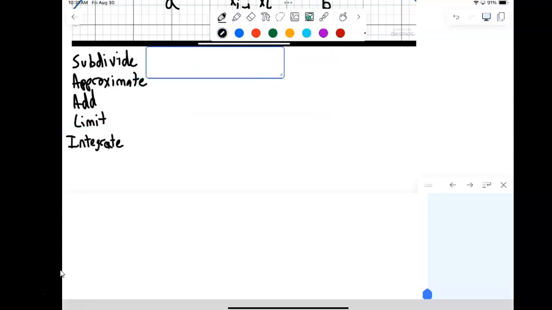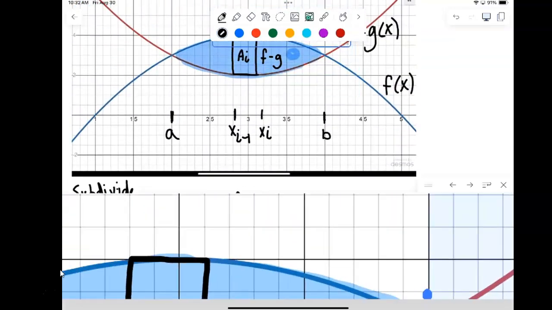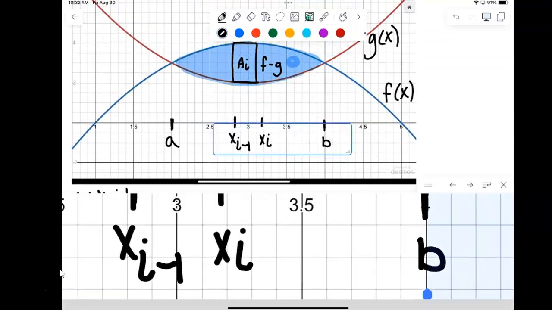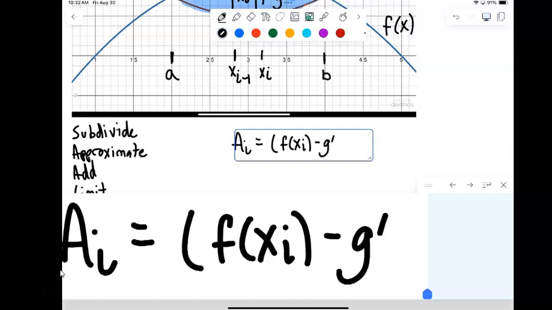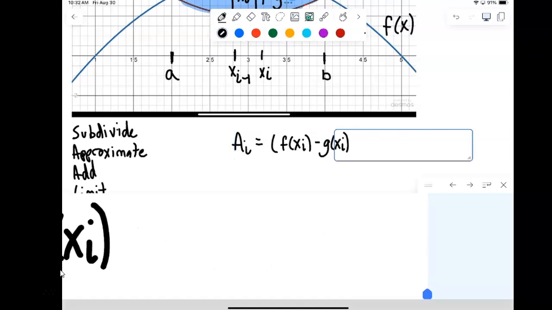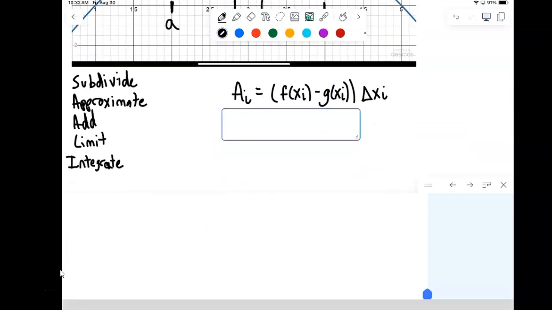So here we've subdivided it. We're working with the ith interval, and that area will be a sub i, which would be the area of this rectangle here, which would be, in this case, f of x i minus g of x i, that's the height, times the width, which would be delta x i. Okay, and so that's our approximation step.